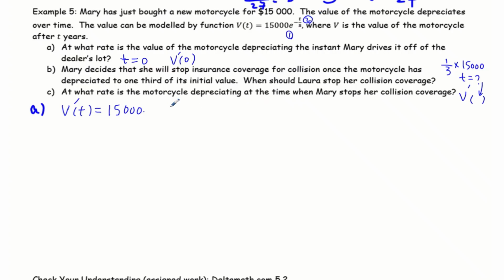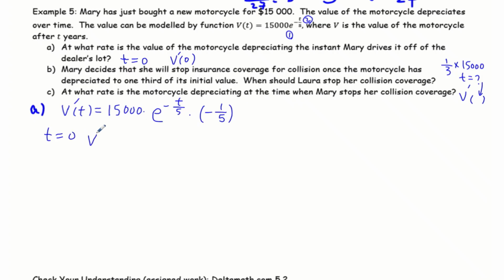This is the second one, so e to the exponent something won't change: negative t over 5. Then times the derivative of negative t over 5, which is just negative 1 over 5. And we sub in t equals 0.